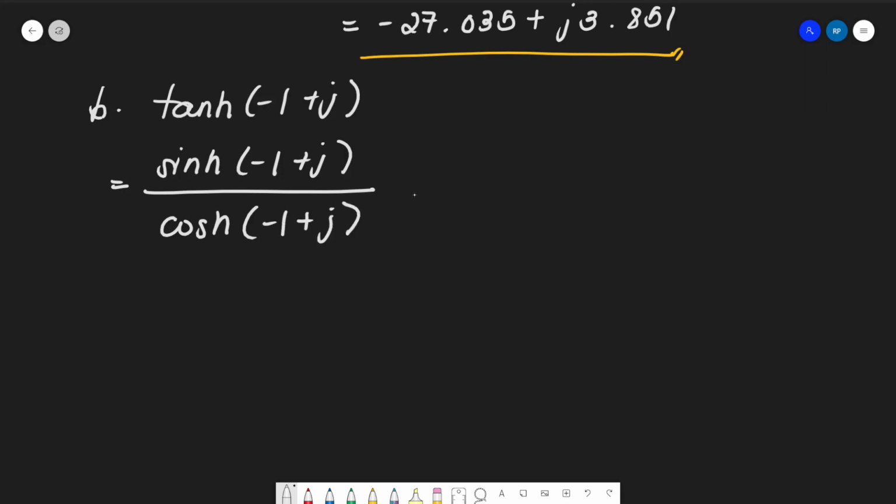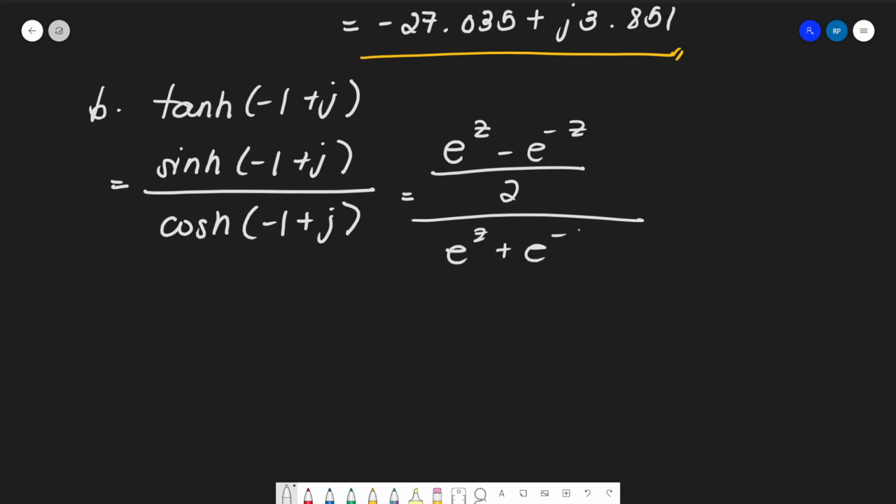And this is equivalent to e raised to z, pag hyperbolic walang j, minus e raised to negative z over 2, over e raised to z plus e raised to negative z over 2.